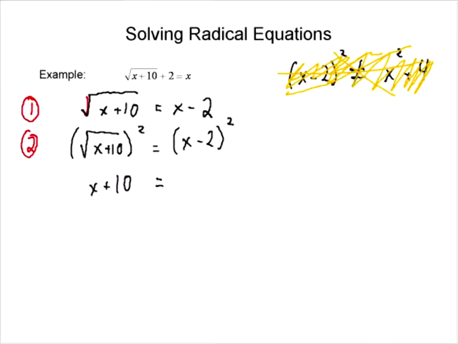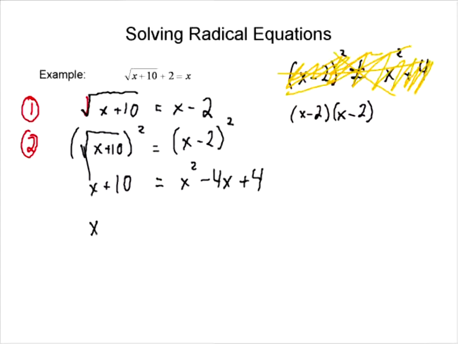If we're squaring a binomial, x minus 2 squared is the same as x minus 2 times x minus 2. So when we square that out, we're going to get x squared minus 4x plus 4. So we want to make sure we have that center term.